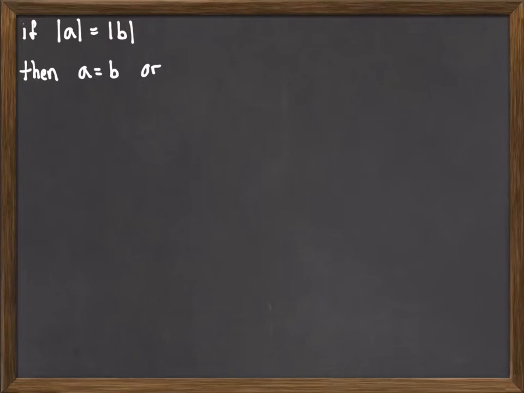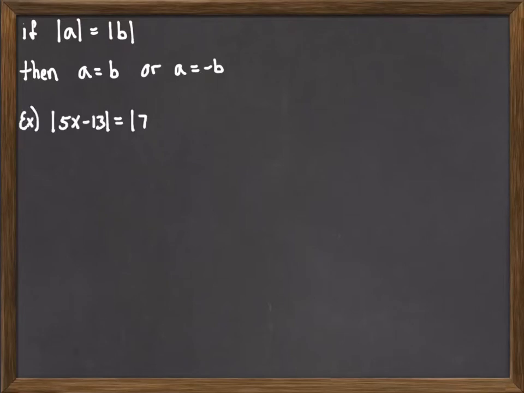Or they could have opposite signs. In other words, A could be positive 8 and B could be negative 8, or A could be negative 8 and B could be positive 8. It's this idea that we're going to use as we solve equations where we have two absolute values that are equal to each other.